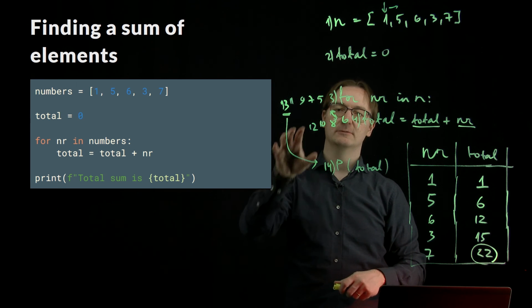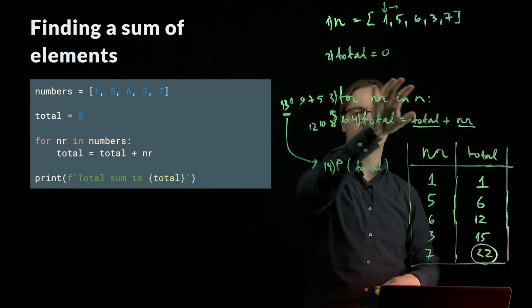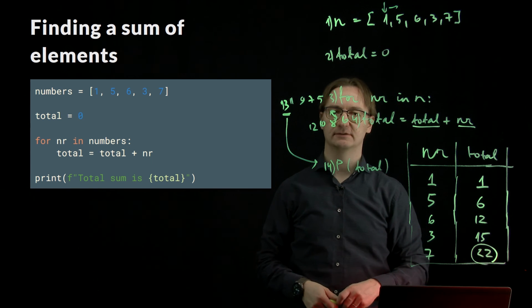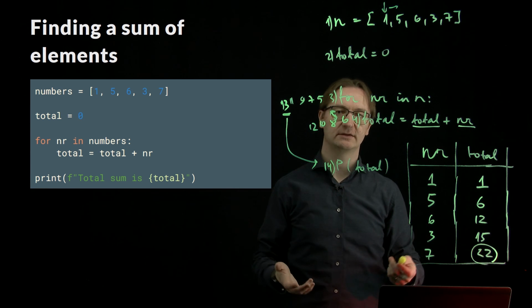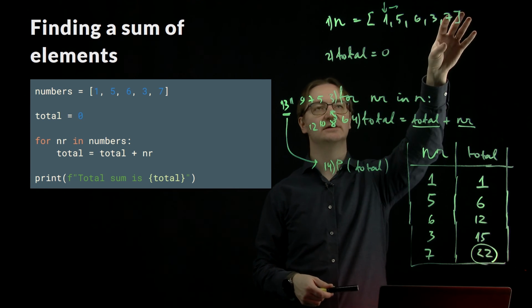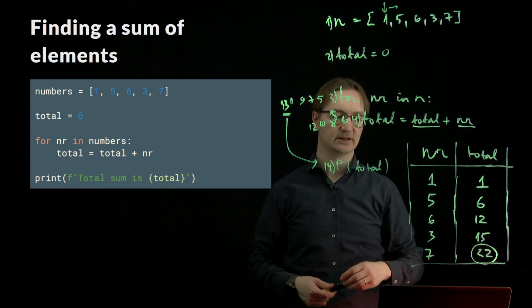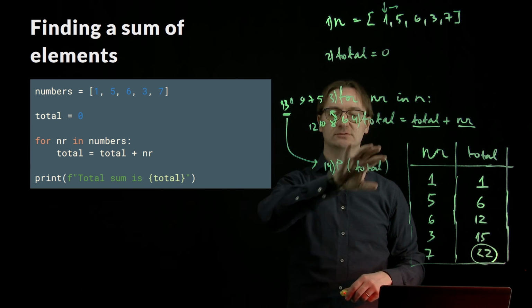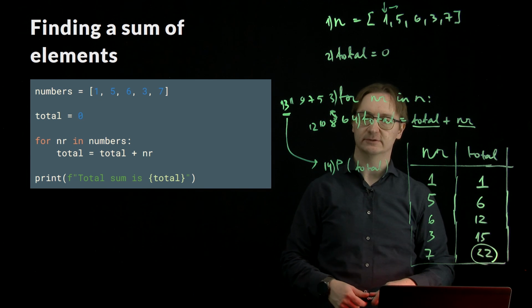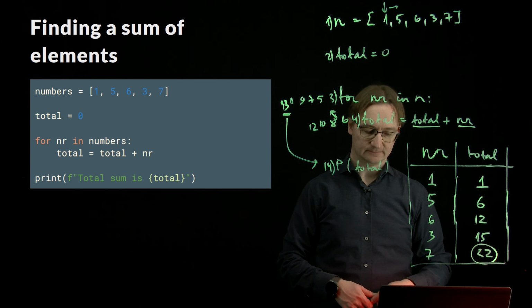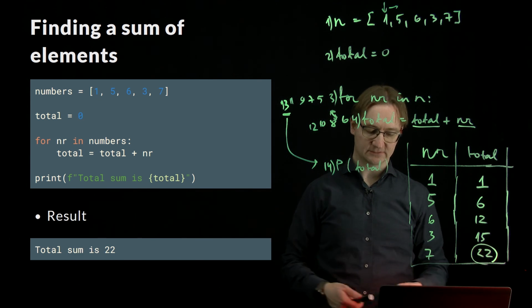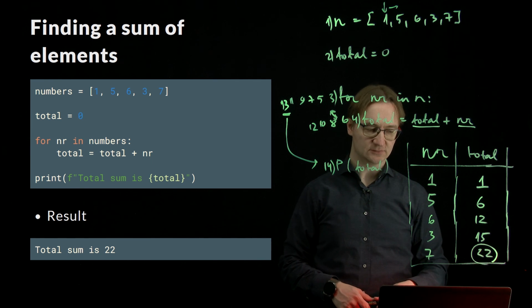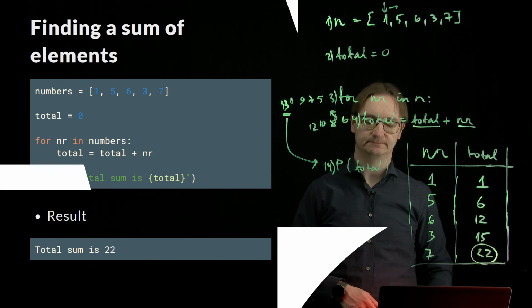The code still has to check the for loop header, whether there are more elements in this list or sequence or string or whatever. And if there are not, then the body is not executed, and we will continue with our code. And the result is 22 as pointed out here.